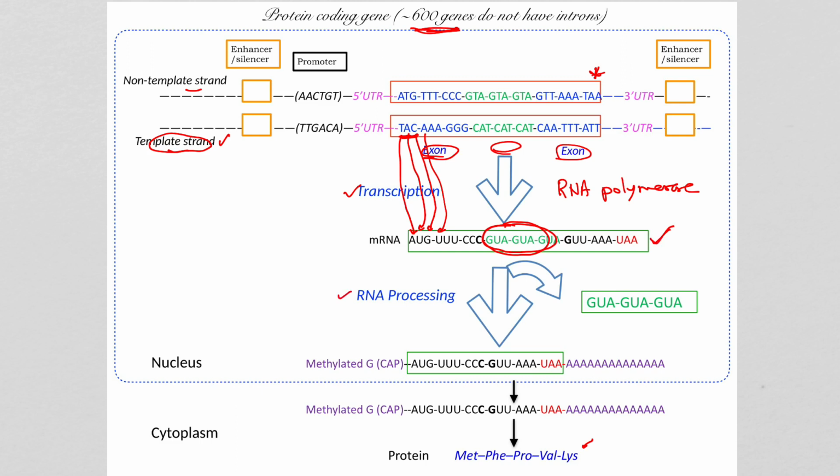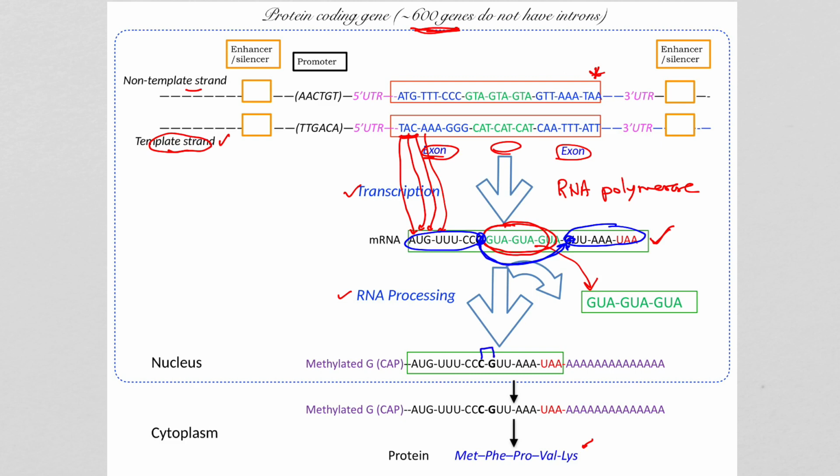The next step is RNA processing. Many things happen in RNA processing. We'll talk about this later. But one of the things that happens is the intron is removed. The intron is removed, and then the exons, this exon is connected to this exon, right between the C here and the G here.